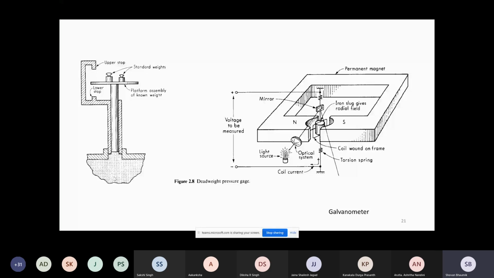Suppose you start with no weight, so your piston is stopped on the upper stop, then you gradually increase the weight, and when the weight is exactly equal to the buoyancy force of the liquid, then the piston will just float. That means it will be at the null position. Now you count how much standard weight you put on the platform, and that will be the pressure of the liquid. This is the way you measure the null point, and this is called the dead weight pressure gauge.